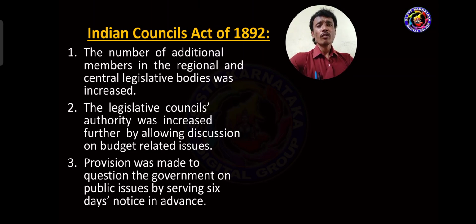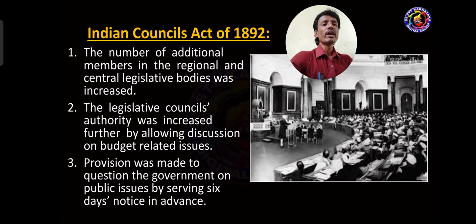After the six days, the same problem would be discussed in a parliament, whether state level or central level. So this was possible under the Indian Councils Act of 1892, discussions on various public issues, meaning public problems.